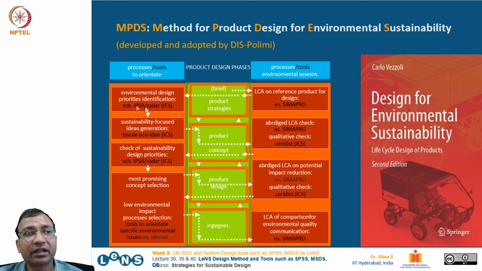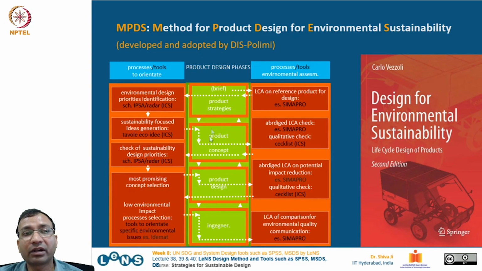Then from here you can go to environmental design priorities identification, from where you can identify the priority areas: where to intervene and how to intervene. Then you can go to sustainability focused idea generation. You can conduct your brainstorming and conceptualization, on how to go about the intervention.